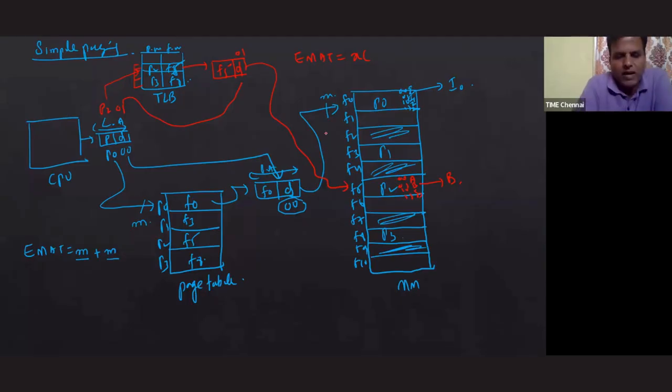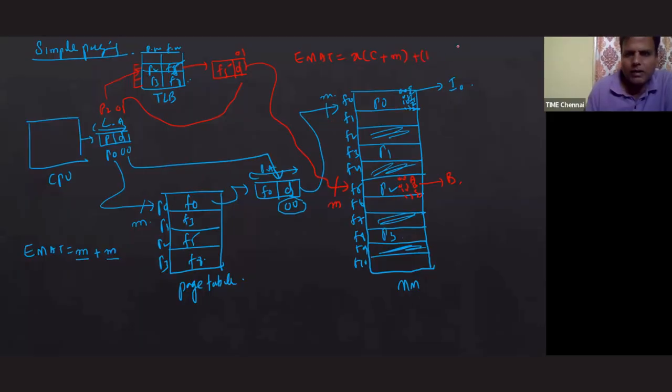Are you getting my point? That's why we write the effective memory access time formula with respect to TLB hit and TLB miss. First, the TLB hit: X is the TLB hit ratio. I access the TLB, which takes some C amount of time. After this, I take the physical address and refer to main memory once again. So that is M plus.